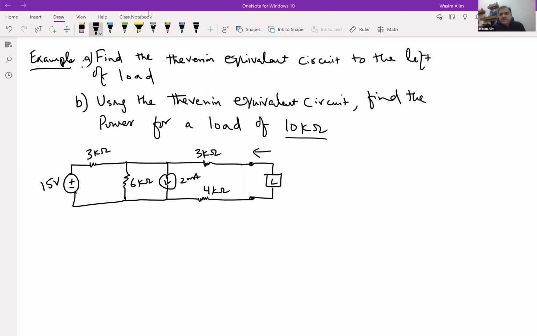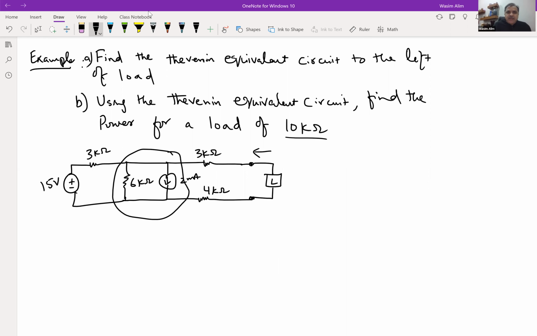For each of these processes, you'll be using a series of equations, and then you'll have to solve those equations. So it's going to be a pretty lengthy analysis. Instead, I will apply the source transformation on this current source.